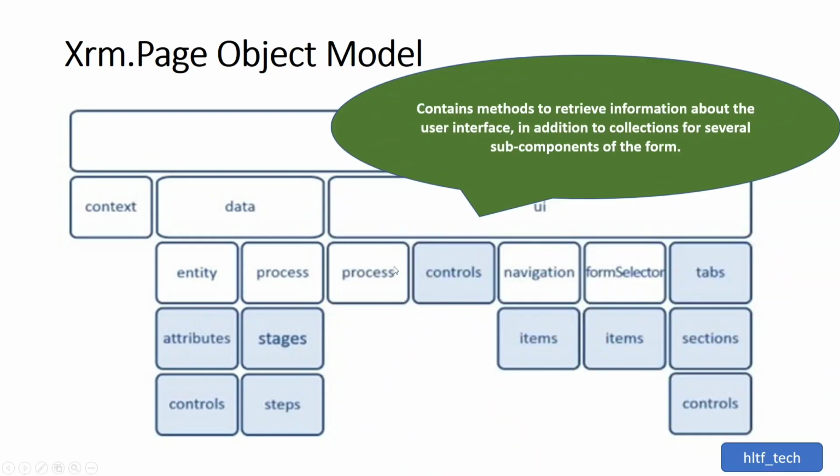You know that there are different types of processes, controls, navigations, form selectors, tabs, sections, controls, and items. So the user interface contains methods to retrieve information about the user interface, in addition to collections for several subcomponents of the form, that are tabs, sections, controls, items, etc. So we have talked about these three parts, context, data, and user interface, that wholly cover the XRM.page object model.